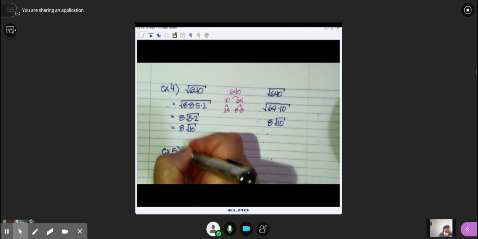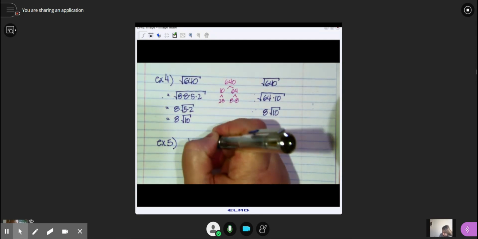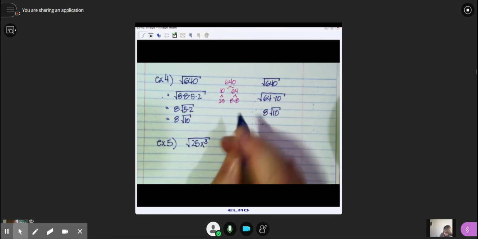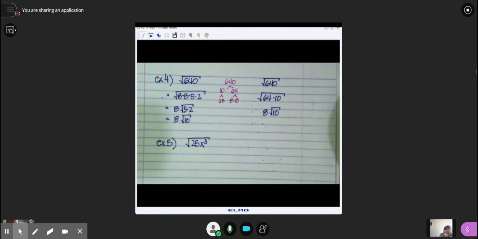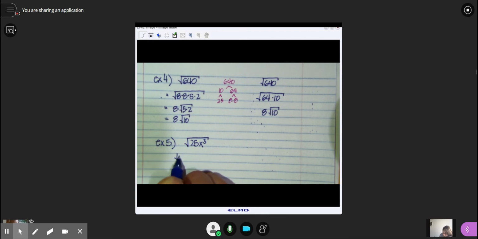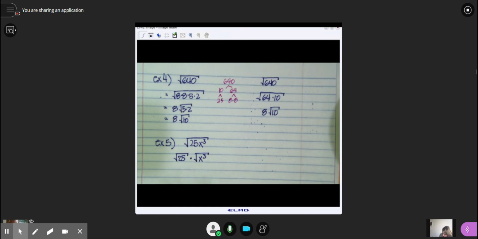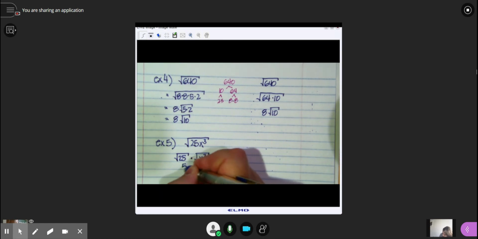Let's talk about what happens if you see a variable. Right? Let's try the square root of 25 x to the third. I could break this up into the square root of 25 multiplied by the square root of x to the third. Do you know the square root of 25? This is 5.